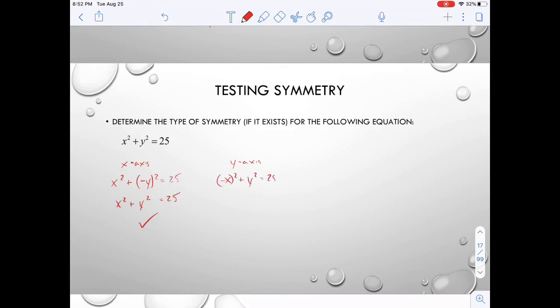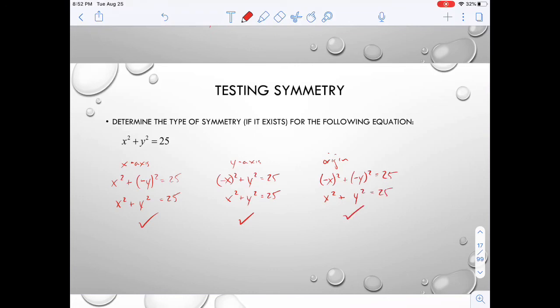And I'm going to try and simplify. When I do so, I get x squared plus y squared equals 25. And this checks as well. When I check for origin symmetry, I replace both x and y with their opposites. And when I simplify, I get x squared plus y squared equals 25, and this checks.